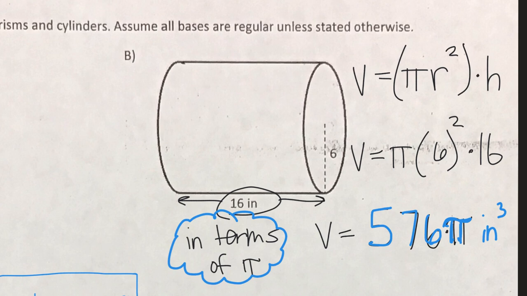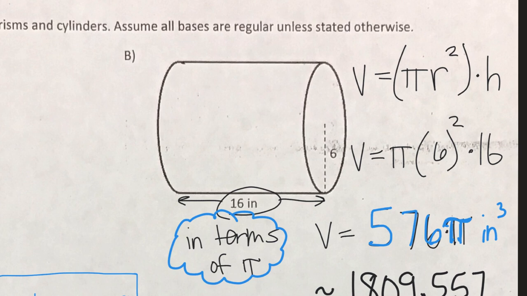Now if your problem said approximate or estimate or round to 3 decimals, then you are more than happy to put this into your calculator to get 557 cubic inches as your answer.